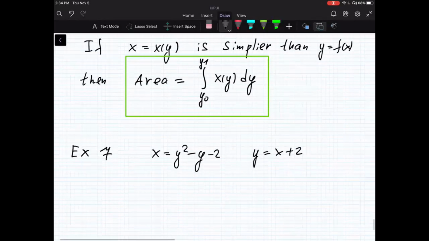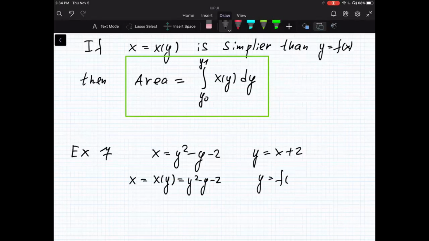So you see, the first equation has the form x as a function of y, which is y squared minus y minus 2, while the second one has the form y equals f of x, where f of x is x plus 2. So in some sense, we have a mix.